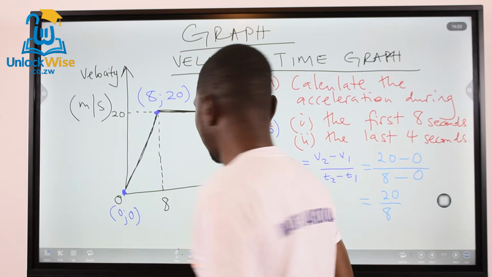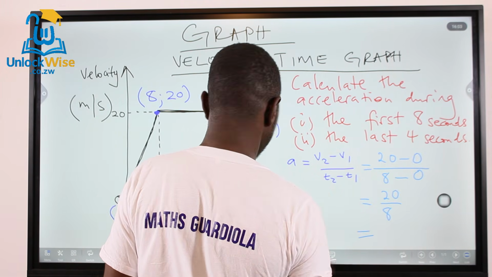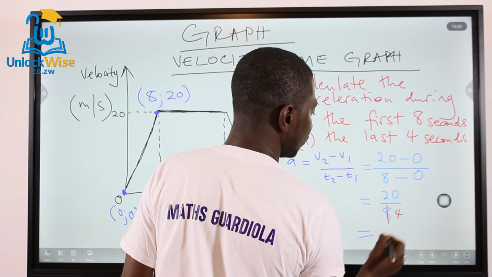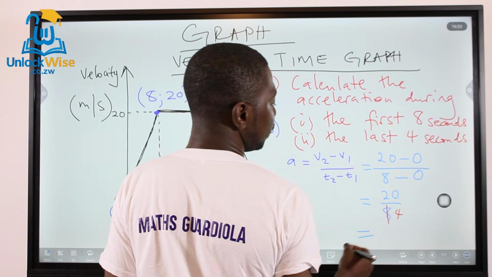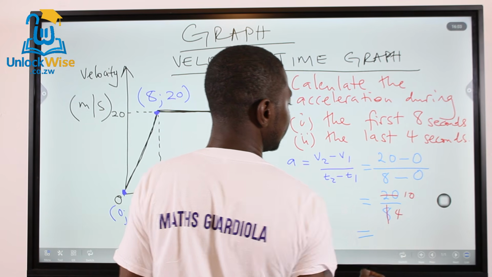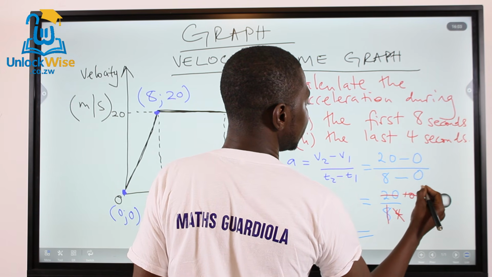And 20 over 8 is maybe, because I'm not supposed to use a calculator, 2 into 8, 4, and 2 into 20 is 10. 2 into 4 is 2, into 10 is 5.